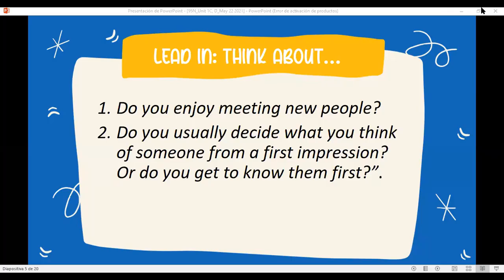Gabby, what can you tell me about number two? Do you usually decide what you think of someone from the first impression? I prefer to meet the person first because the first impression is not always correct. Yes. The first impression is not always the best, guys.